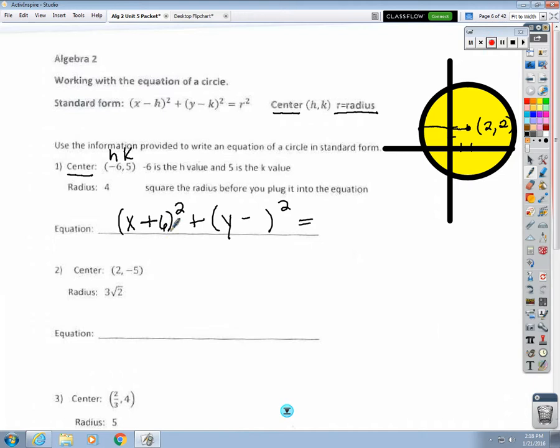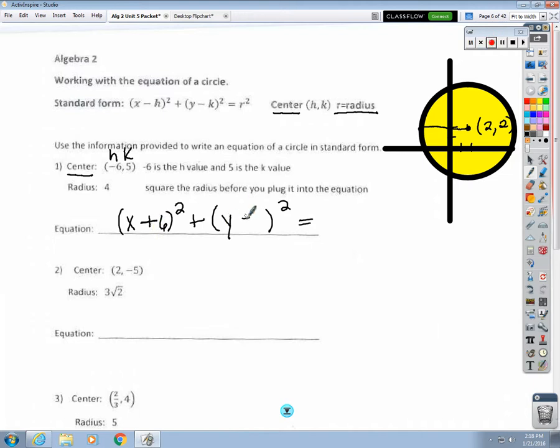Do you see why I suggest going ahead and writing out the equation? If not, you might forget about that minus being there as part of the formula, and just plug in minus 6 and end up with x minus 6 instead of x plus 6. But if you already have that minus written there before you plug in your h and k, it'll become obvious that it changes to a positive.